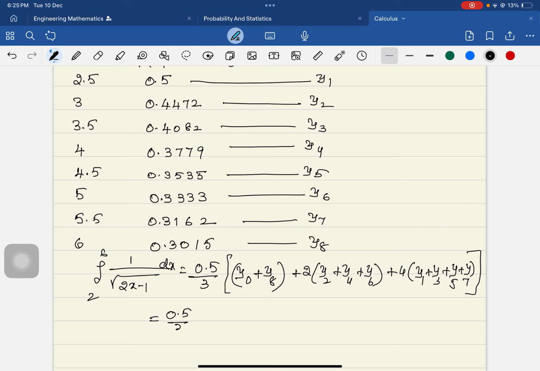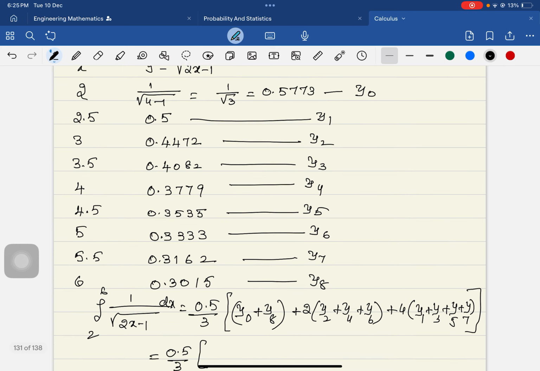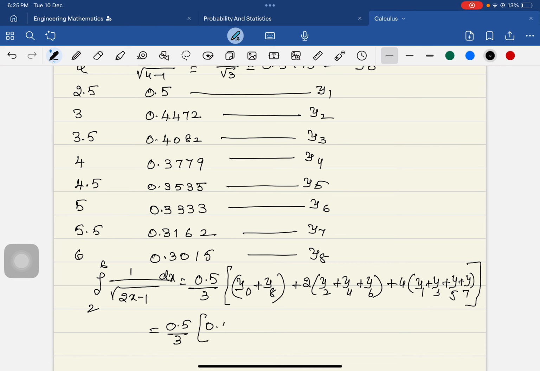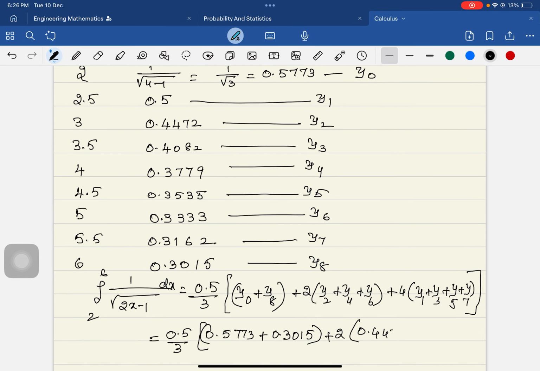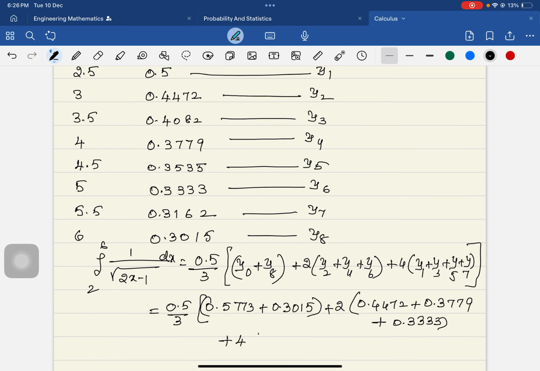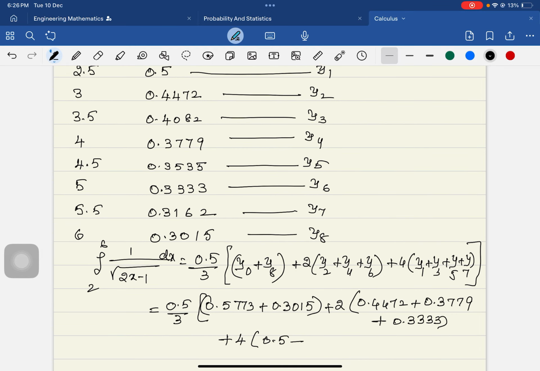So let us see what it is. 0.5 by 3 times of y0. y0 is 0.5773 plus y8 is 0.3015 plus 2 times of y2, y2 is 0.4472, y4 is 0.3779, y6 is 0.3333, plus 4 times of y1 is 0.5, y3 is 0.4082, y5 is 0.3535, y7 is 0.3162.